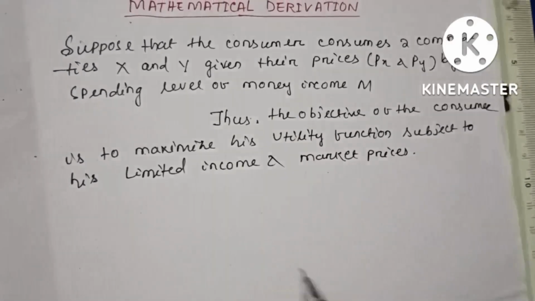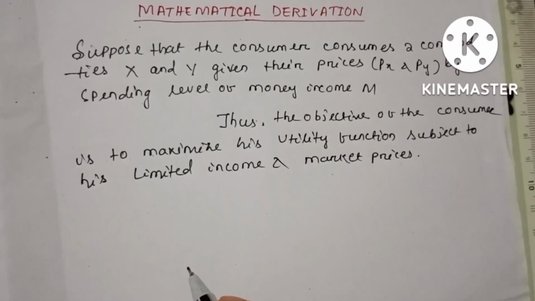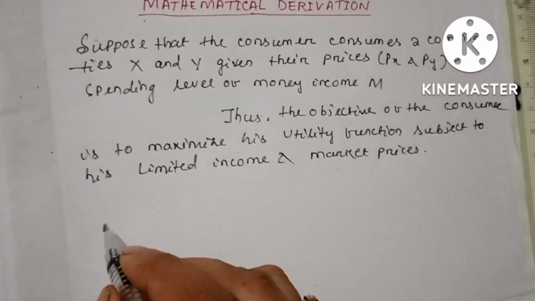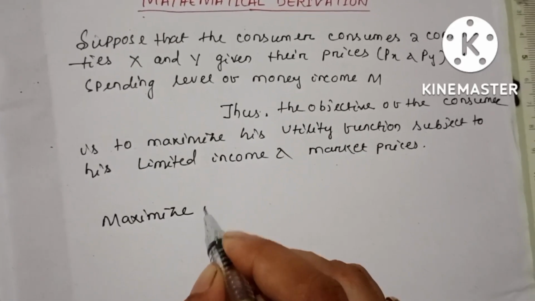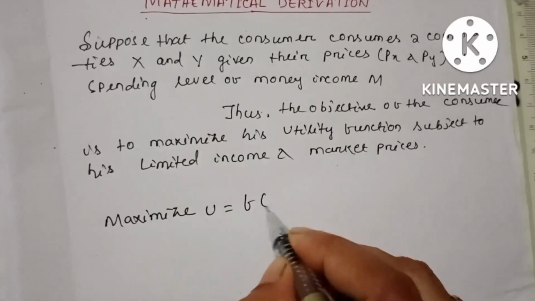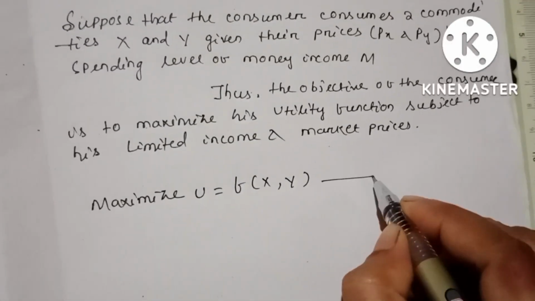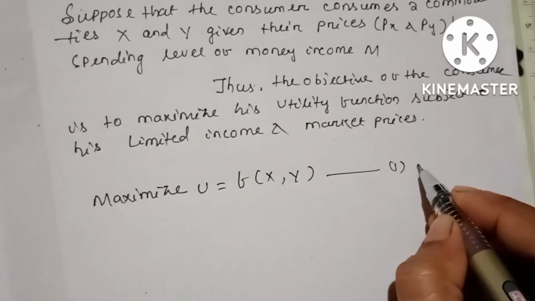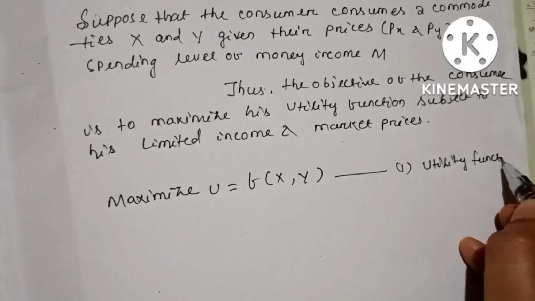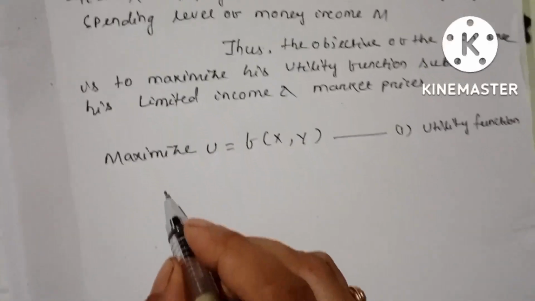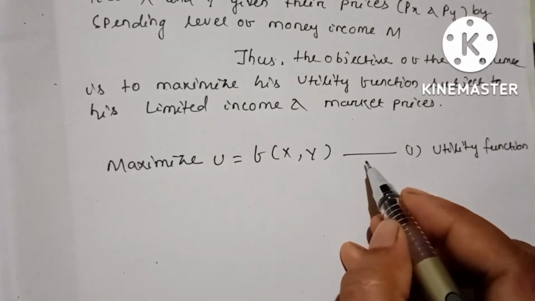Now we'll formulate the utility maximization problem as: maximize u equal to f of x, y, which is your equation number 1 and which is your utility function. So our problem is to maximize the utility function, which is our objective.